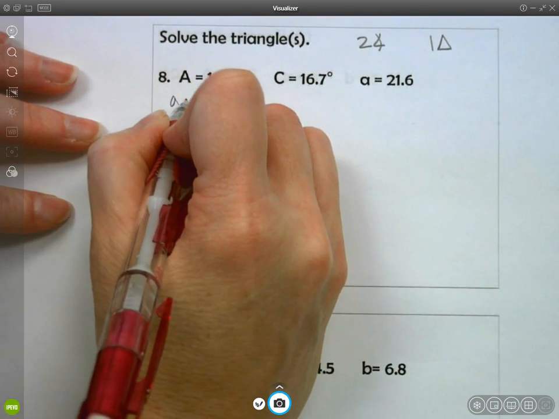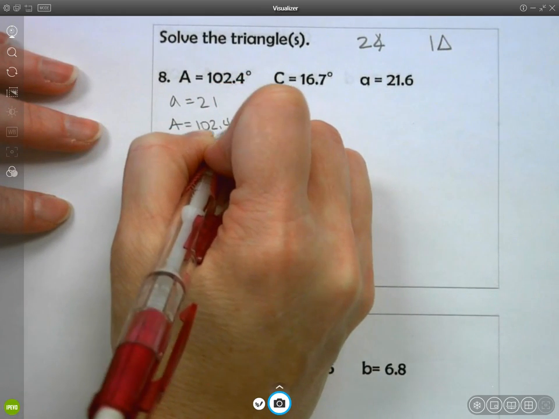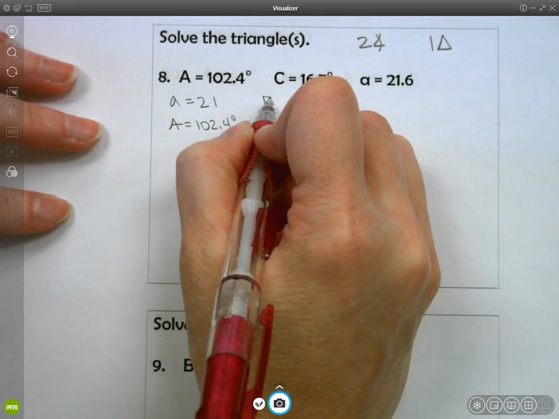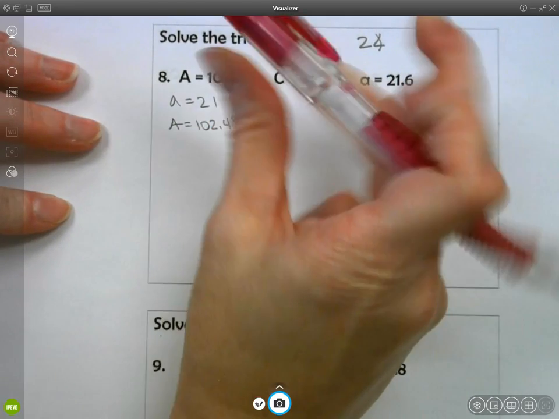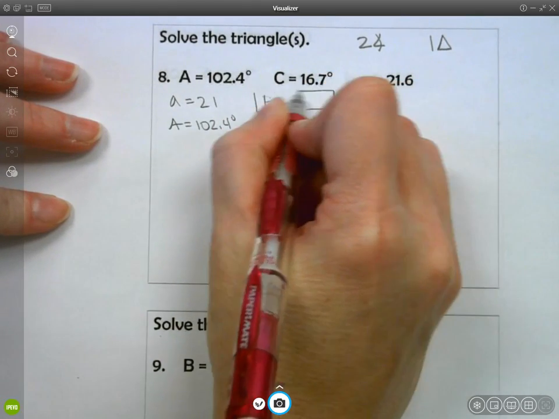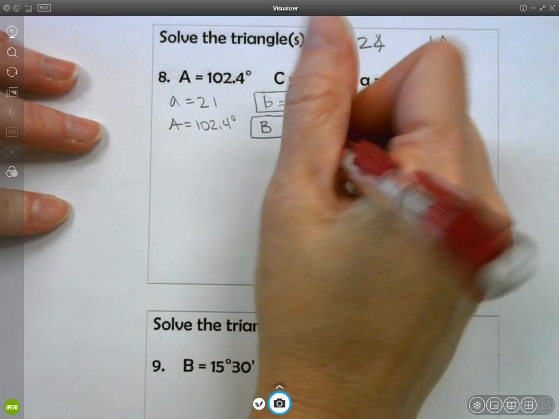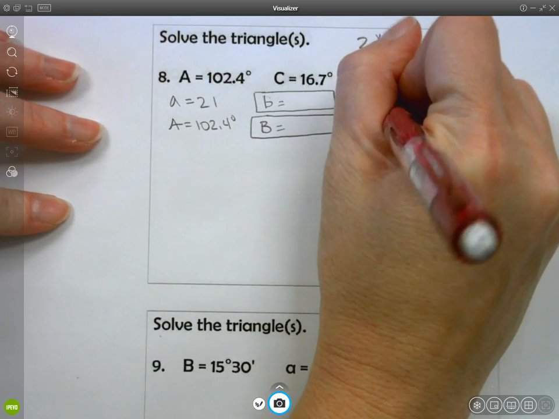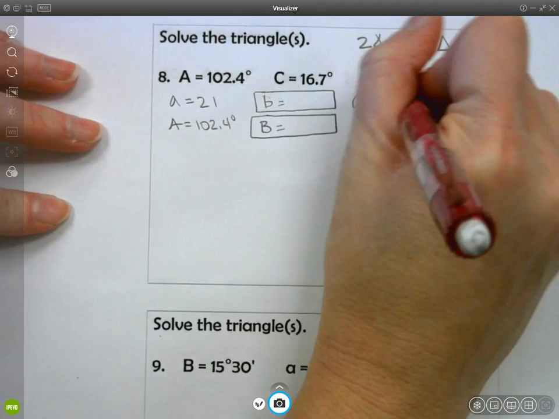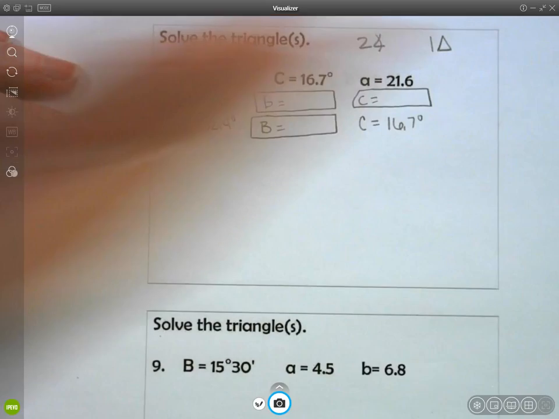So we're going to set up what it is we know versus what it is we do not know. And we're going to go from there.